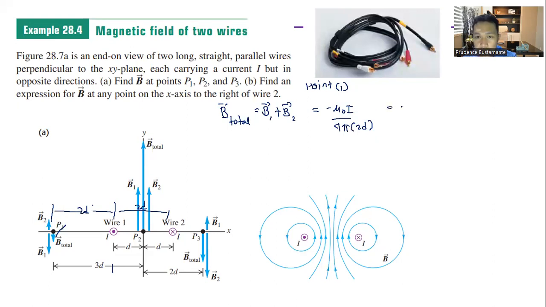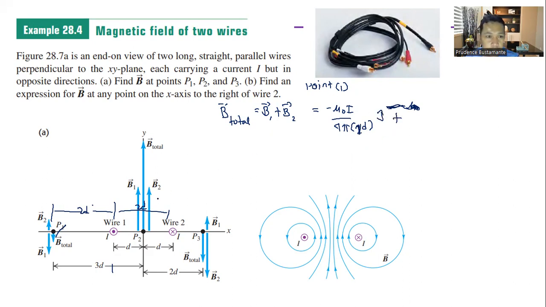So we have negative mu naught I over 4 pi times 2D, in the direction j hat.